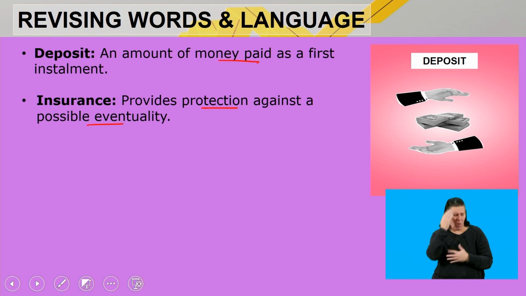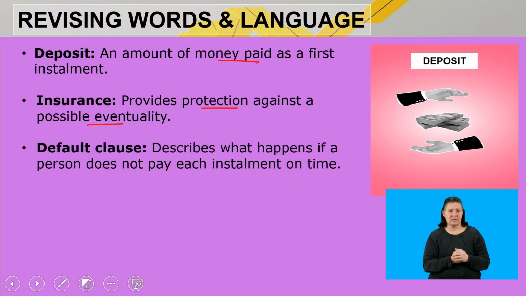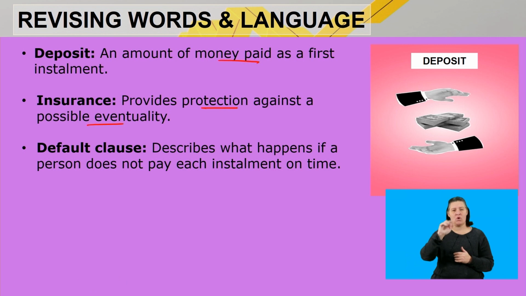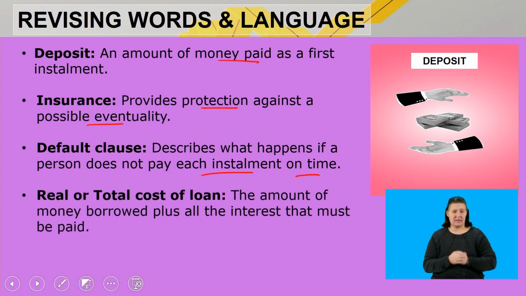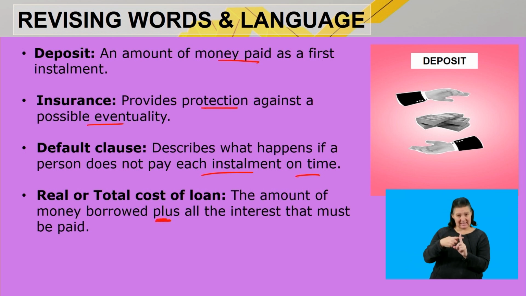Remember, anything can happen. Then, a default clause describes what happens if a person does not pay each installment on time. And then I also indicated here that the real or total cost of a loan is the amount of money borrowed plus, important to note, plus all the interest that must be paid.